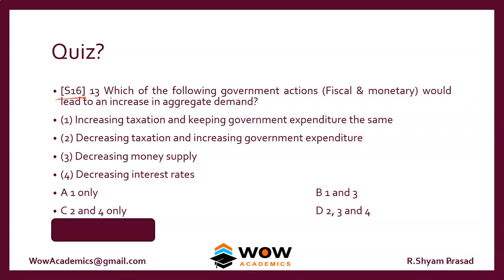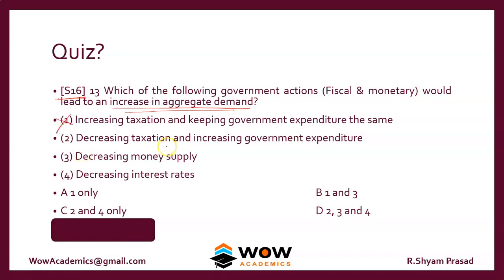Which of the following government actions, fiscal and monetary, could lead to an increase in aggregate demand? Increase in aggregate demand means there's more money supply in the market. Increasing taxation withdraws money from the market, so that is a wrong choice.